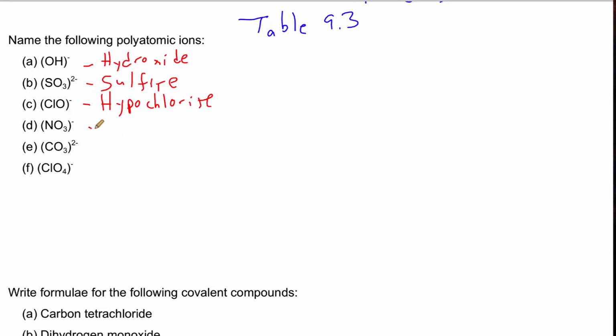We have NO3 negative, which is nitrate. We have CO3 with 2 negatives, which is carbonate. And we have ClO4 with a negative, which is perchlorate.